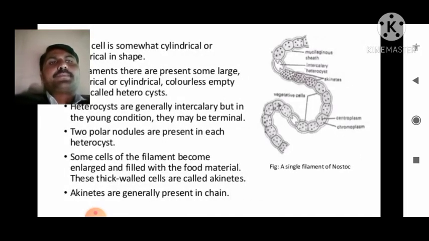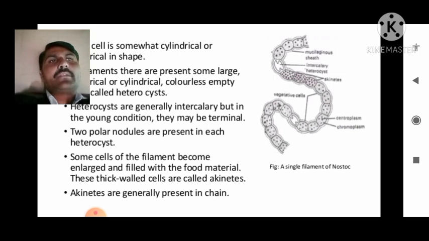Friends, you can see the filament of Nostoc. The cells are arranged in a zigzag way or twisted. Talking about the cells, we see the centroplasm as well as chromoplasm in the cell.